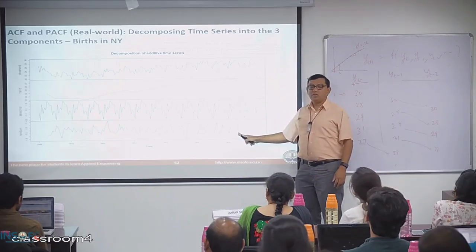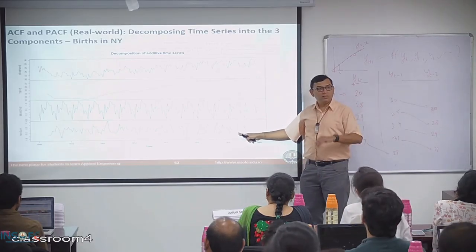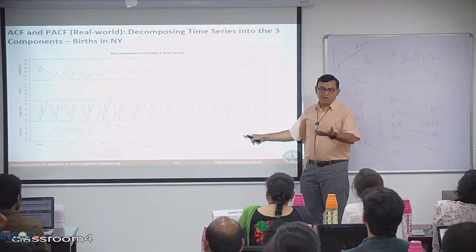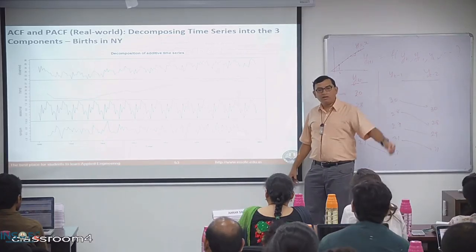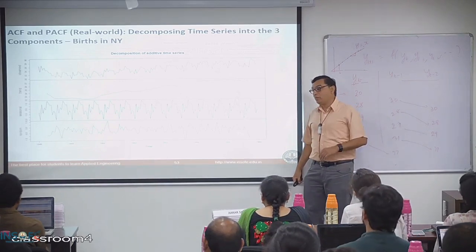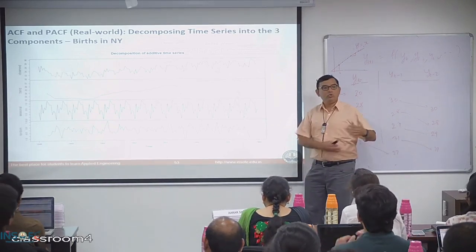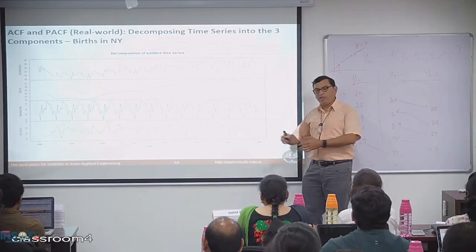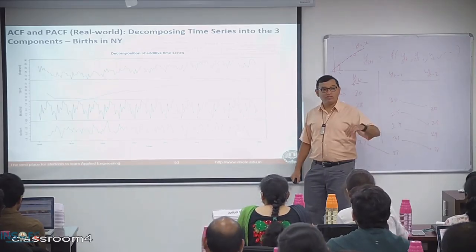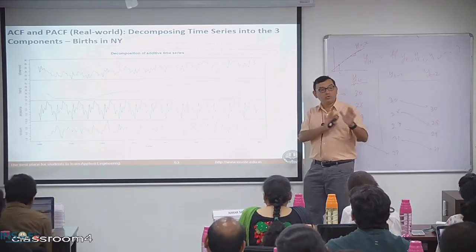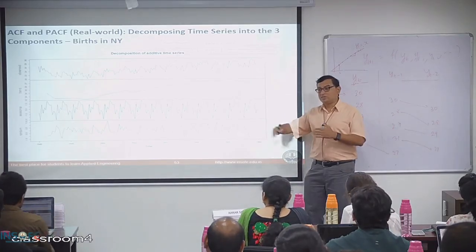It has this number, which is a random part, which was random variations that could happen because in a given year the vacation might have been too hot or too cold, or there is plague or some West Nile virus. So a number of people choose not to have babies in that particular year.